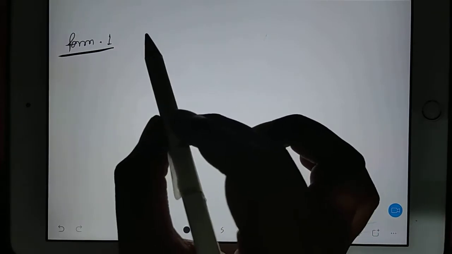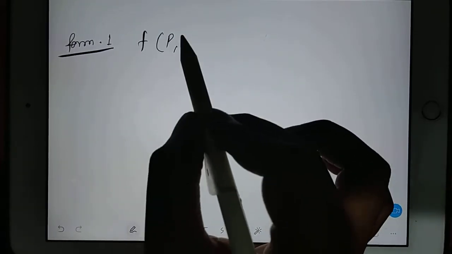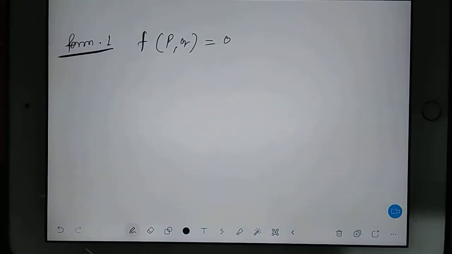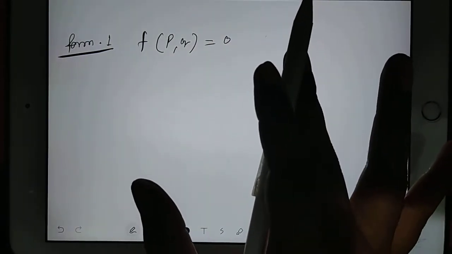In this form, your equation will contain only p and q: f(p, q) = 0. Only p and q.